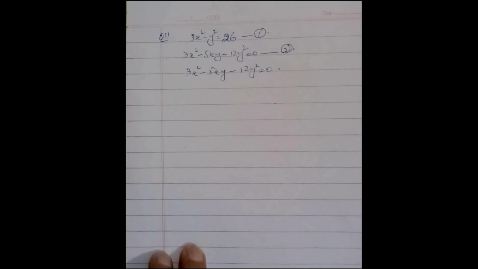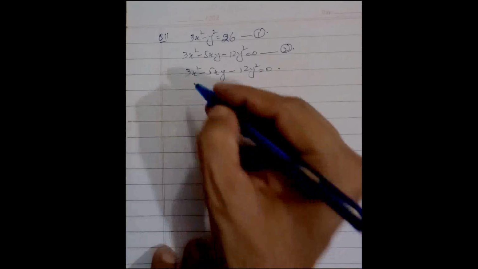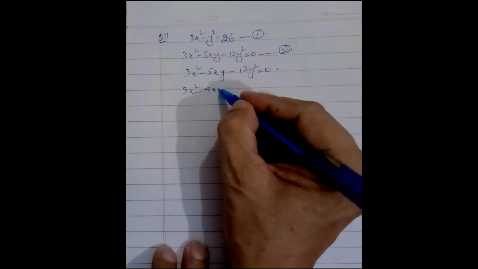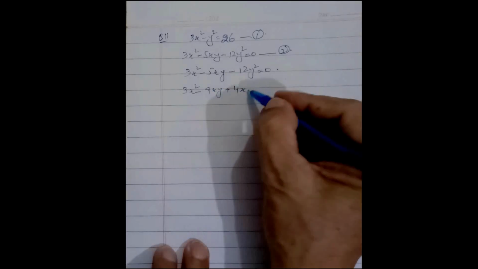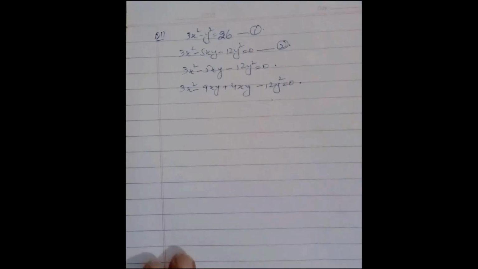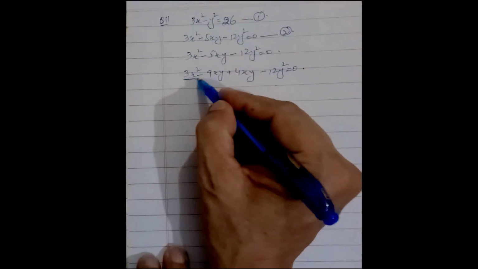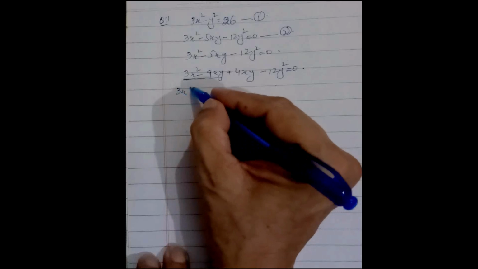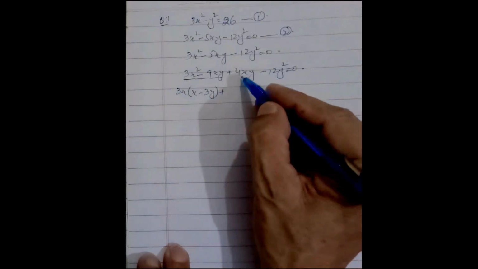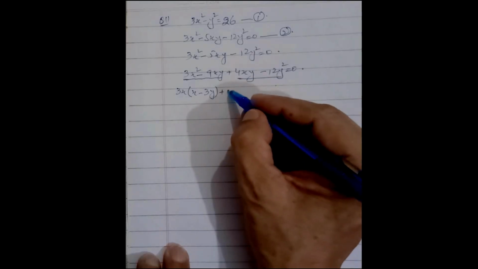First we break down the equation, or we can say factorize the equation, which is 3x square minus 9xy plus 4xy minus 12y square is equal to 0. Take common 3x, we get x minus 3y, plus the other, we get 4y.